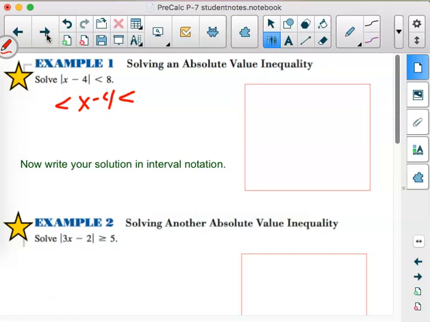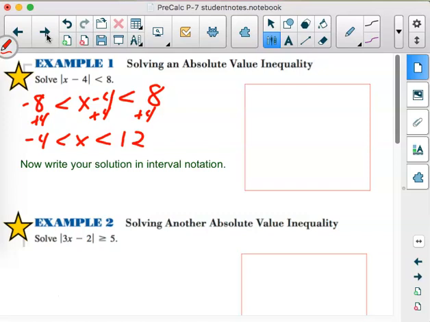So to get out of prison, you have one in the negative direction and one in the positive direction, and that's how you drop those prison bars. That's how you get outside the prison bars. And then this is a 3-parter where we go ahead and add 4 to all 3 pieces. And we get that solution.